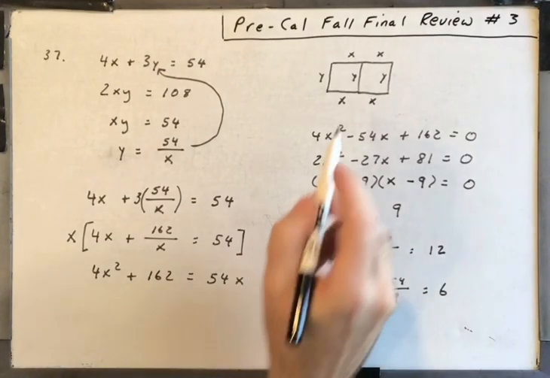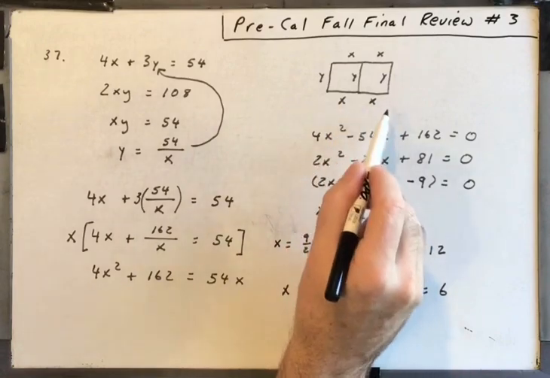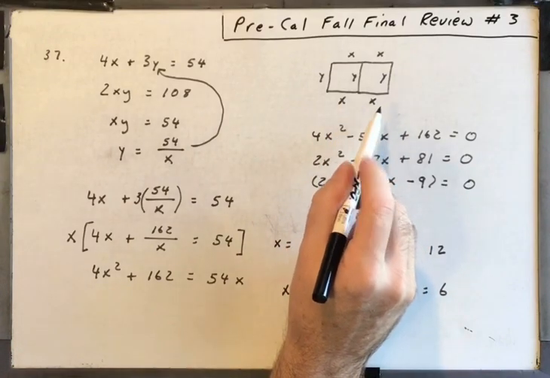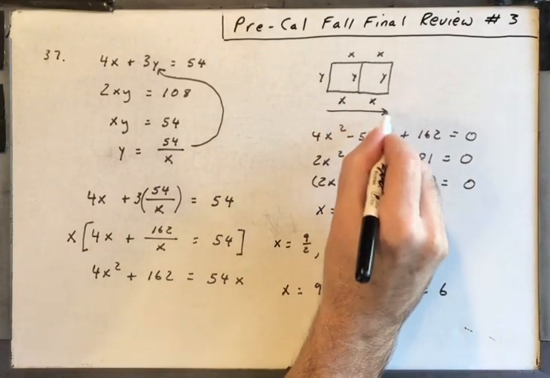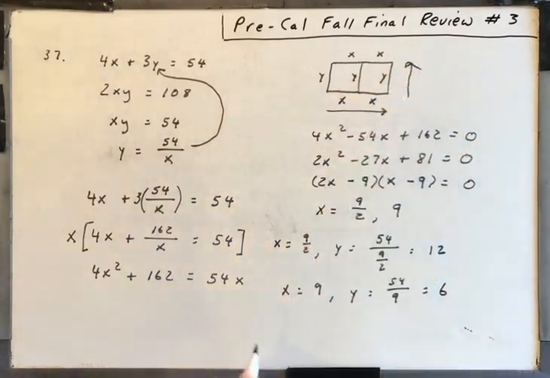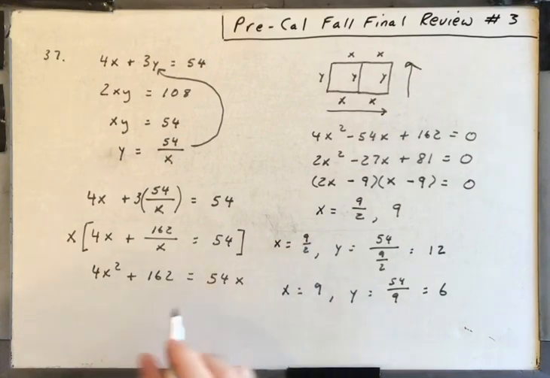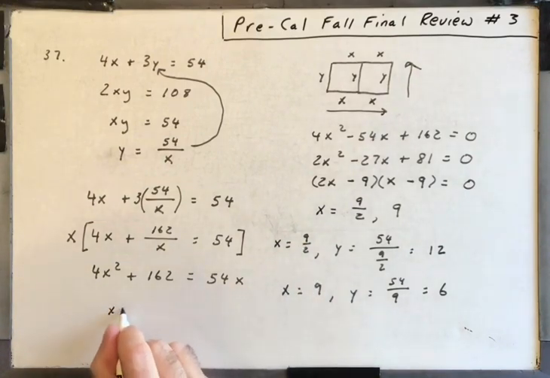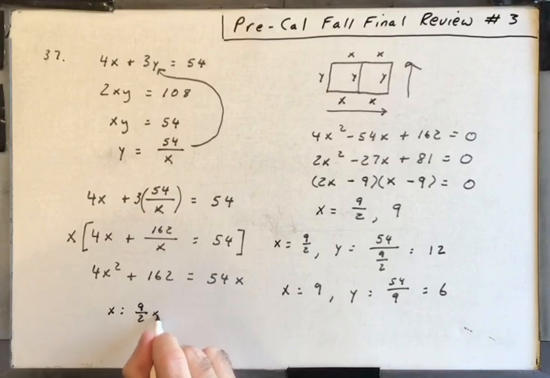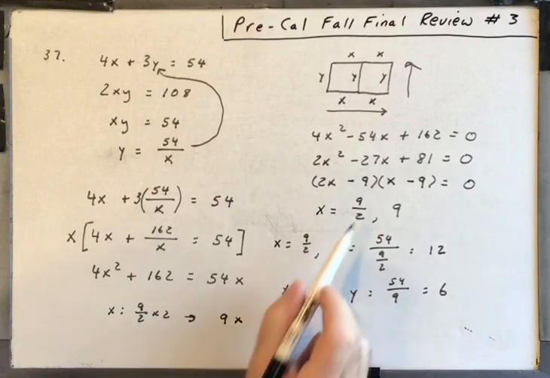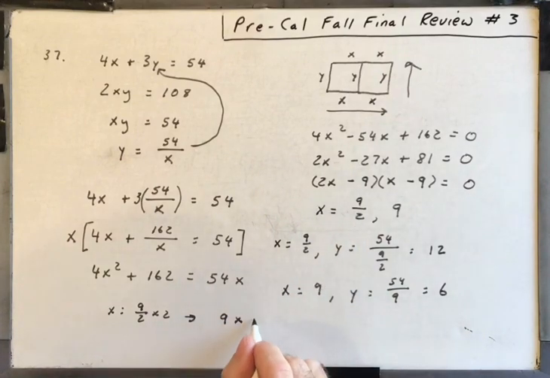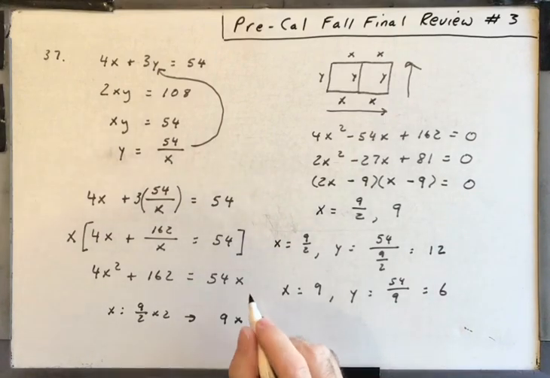Okay, so what are the whole dimensions? All right, we know our x and our y, but it says what's the dimension of the entire garden? That means 2x and 1y. Well, 2x, so x you'd have to do 9 halves times 2. So that's going to be 9 times, and when x was 9 halves, y is 12. So 9 by 12. And the units on this were yards.